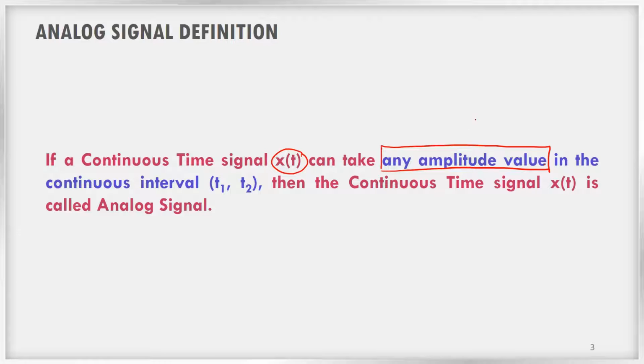This is the most important word: it can take any amplitude value. It can be 0.8. It can be 0.873215 volt. It can take any value. Such signals are known as analog signals. These kinds of analog signals can be processed only using devices like resistor, capacitor, inductor, transistor, etc.